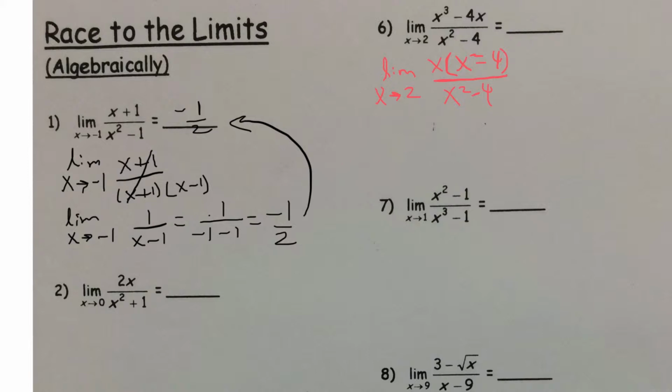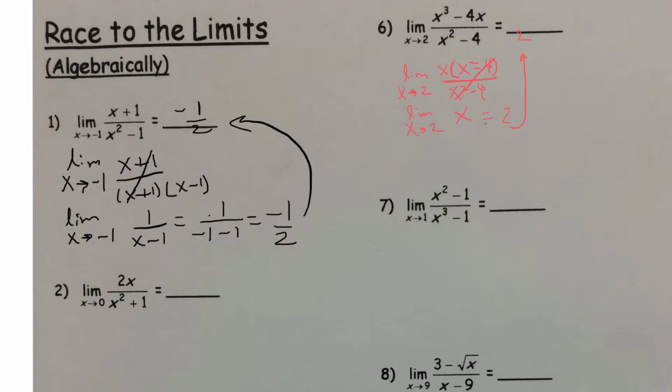So that's where my removable discontinuity is. And now I just have the limit as x approaches 2 of x. And I plug in my 2 into the x and I just get 2. So that's the answer to that. Notice then that by choosing carefully what to factor out, you can save yourself some time.